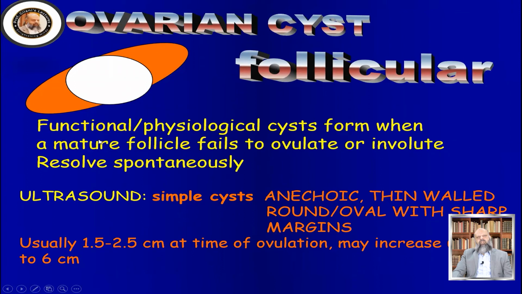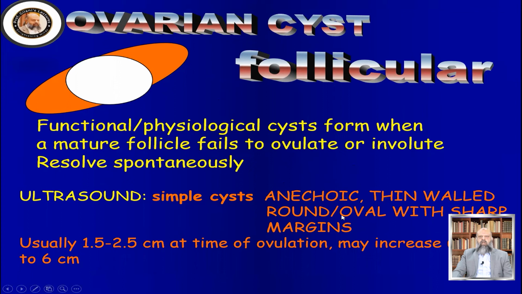It is a functional physiological cyst, which is actually a follicle. In other words, a follicle which remains there and is not ovulated and not ruptured, and is usually 2.5 centimeters or above in mean diameter, we label as a follicular ovarian cyst.